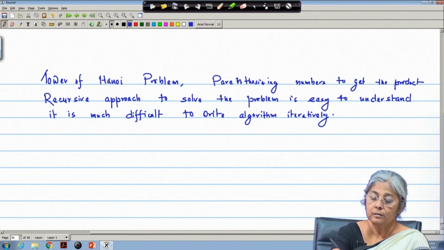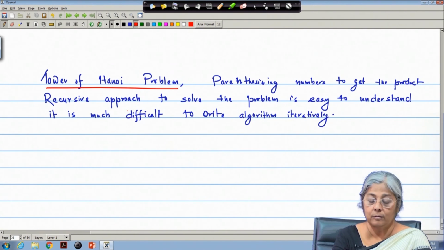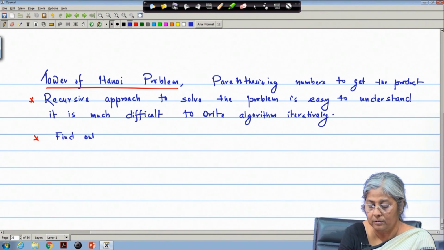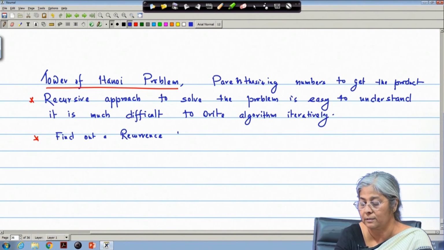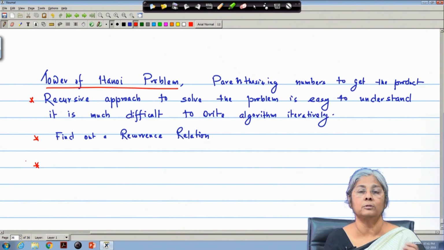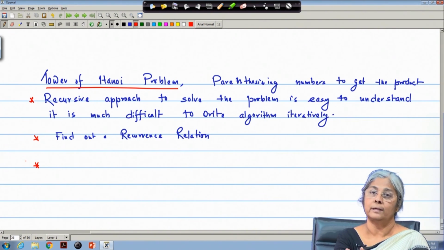So, we have seen some examples, particularly the Tower of Hanoi problem. The approach is first to apply some recursive approach, then find out the recurrence relation. We have seen how to get the recurrence relation, and next, for some simple examples, we have shown how to get the explicit formula, which is nothing but the solution of the recurrence relation.